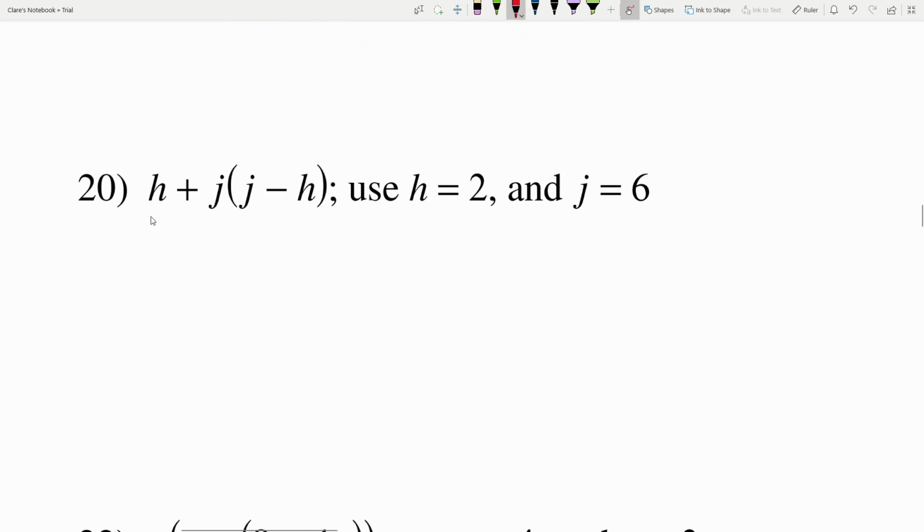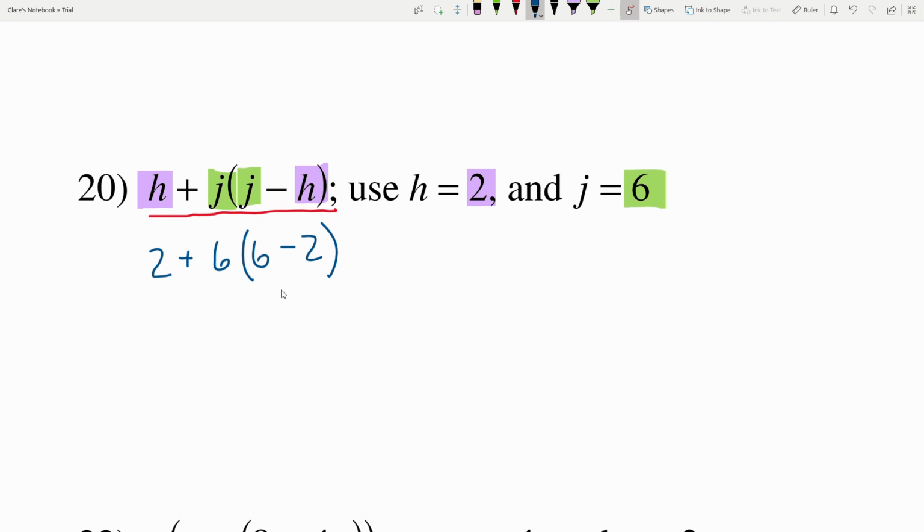In number 20, I have h plus j times j minus h. H is equivalent to the value 2, and j is equivalent to the number 6. So h is 2 plus j, which is 6, times j, which is 6, minus 2, which is h. 6 minus 2, I'm starting with my parentheses, that's going to be 4.